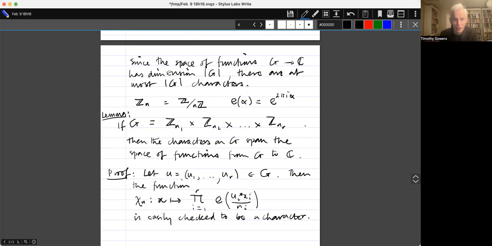Maybe I can just say out loud why it's a character. So if x equals y plus z, then each xi will be yi plus zi. E of that lot will split up as a product of e of ui yi over ni times e of ui zi over ni, and then that whole product splits into a product of two big products, and we get that chi of u is indeed a character.